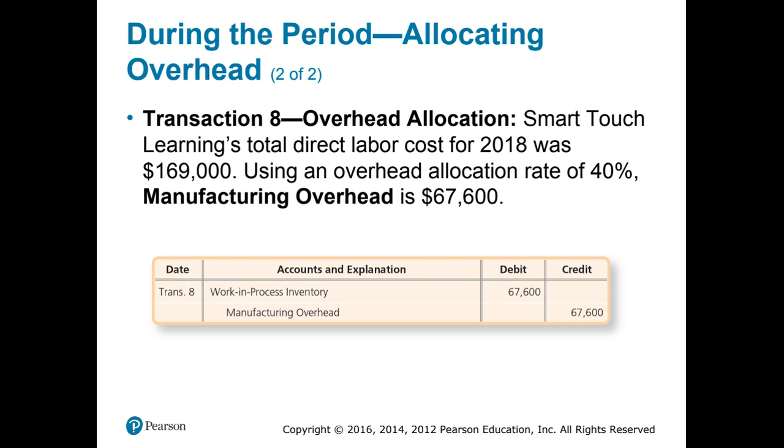So we're going to create our journal entry to allocate the manufacturing overhead cost to our work in process inventory. To do that, we're debiting work in process inventory for $67,600, and we're crediting manufacturing overhead for the same amount.